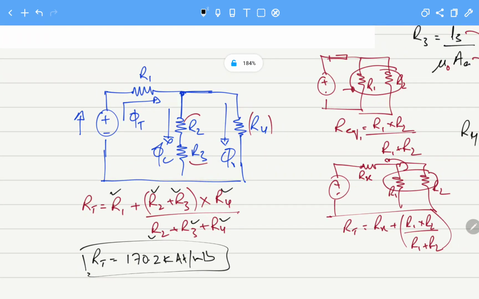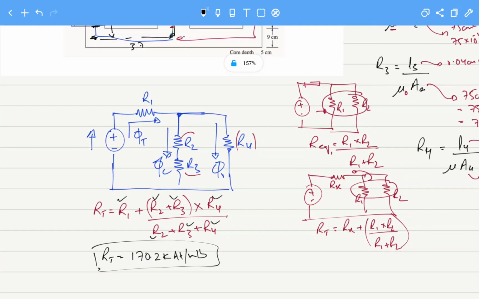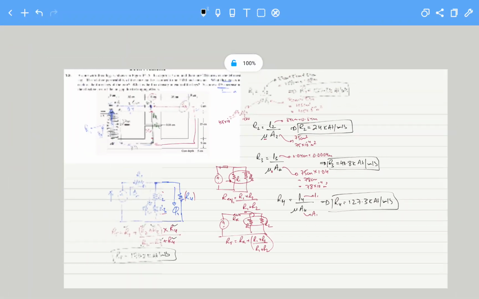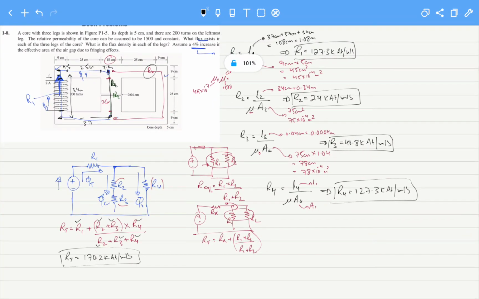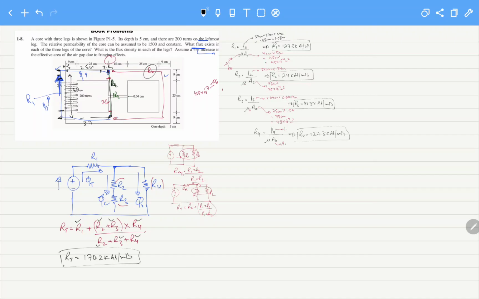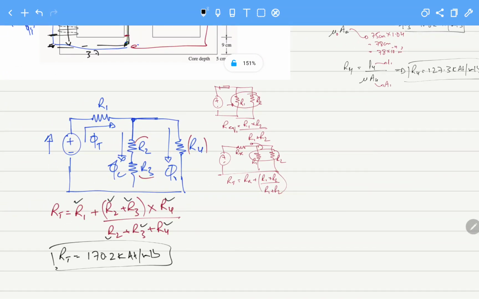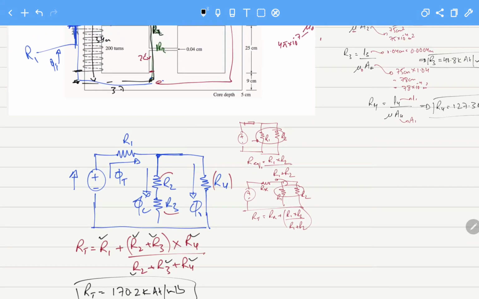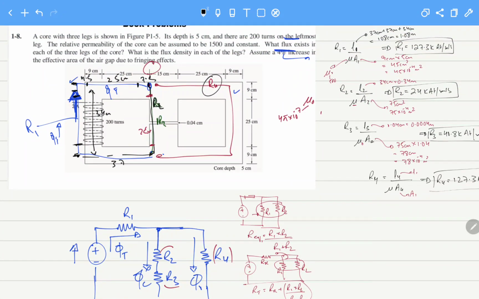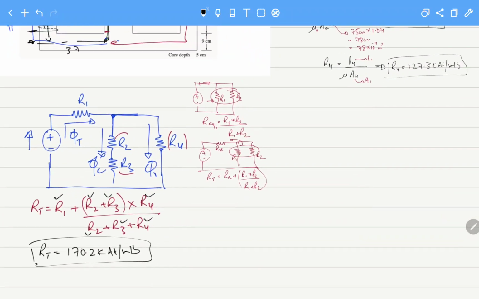And now we have this. Can we calculate the total flux? Yes, we can calculate the total flux by the equation. Total flux is actually the flux on the left side of the core, and it will be the same in the reluctance R1.